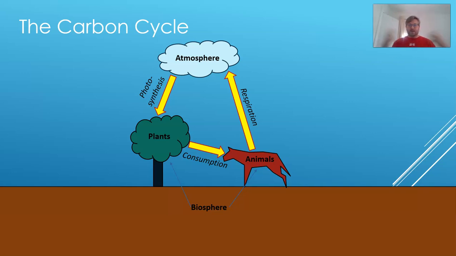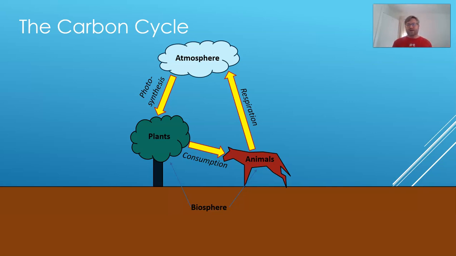So they are pulling in energy from the sun and storing it in carbon-based molecules, and they're getting the carbon from that CO2 in the atmosphere. So they're building up a stock of carbon in the bodies of those plants in the form of all of the carbon-based molecules that those plants are creating through photosynthesis.